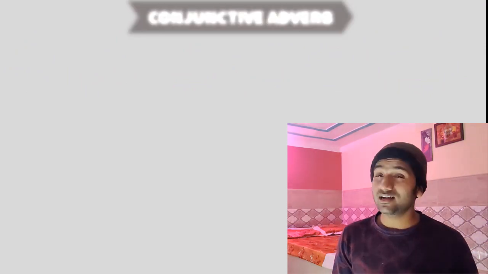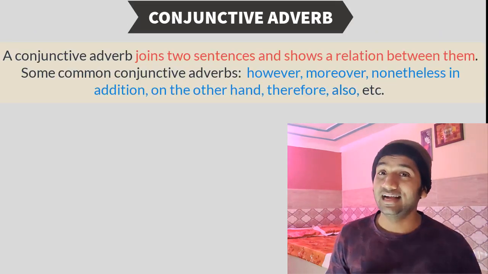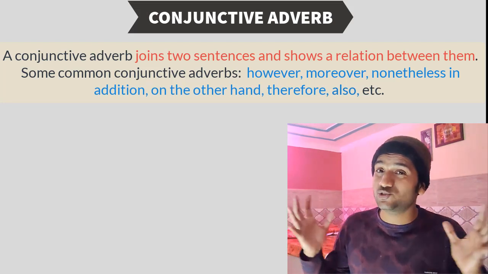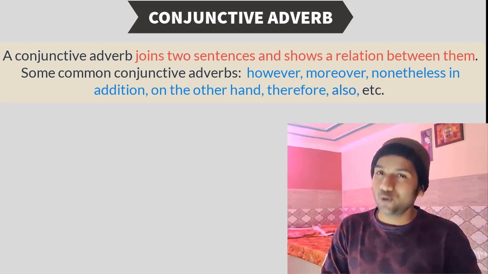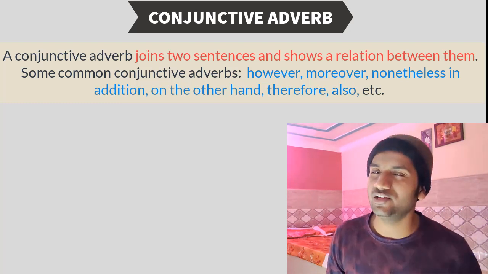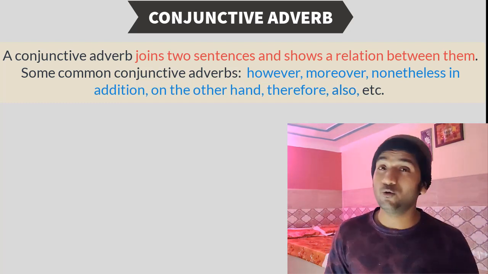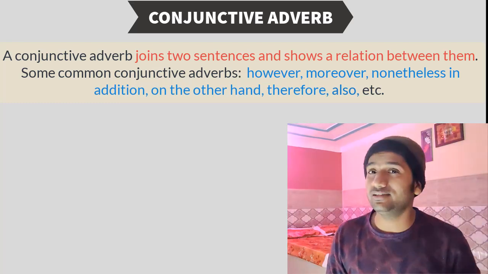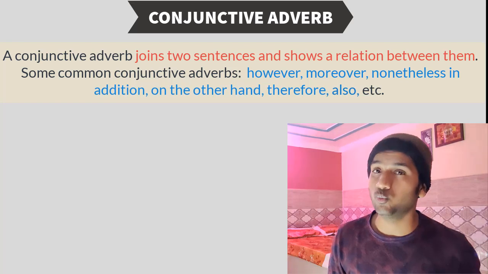Now, there is another type of adverb which is called a conjunctive adverb. Guys, a conjunctive adverb works as a conjunction and it joins two independent clauses to complete sentences and shows some sort of relation between them. For example, however, moreover, furthermore, all the words that you see on the screen, these are conjunctive adverbs.